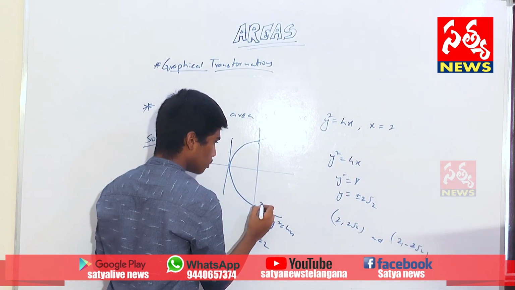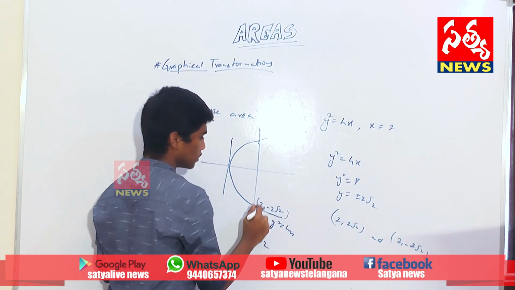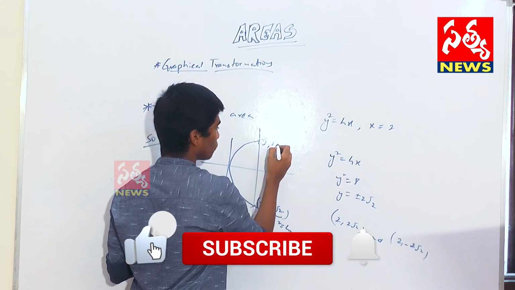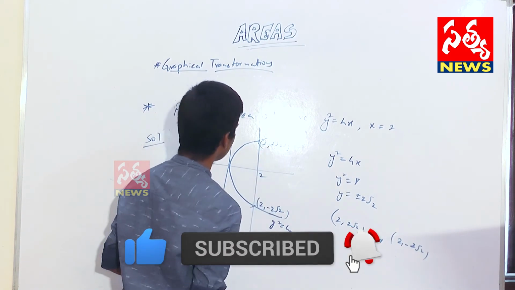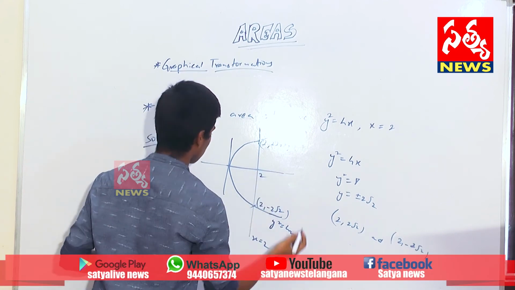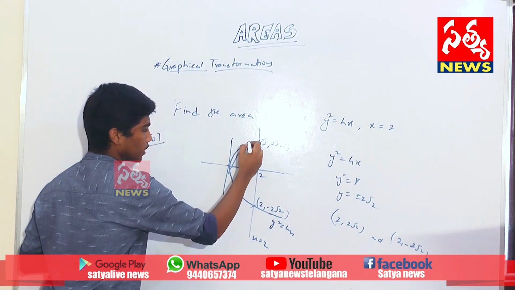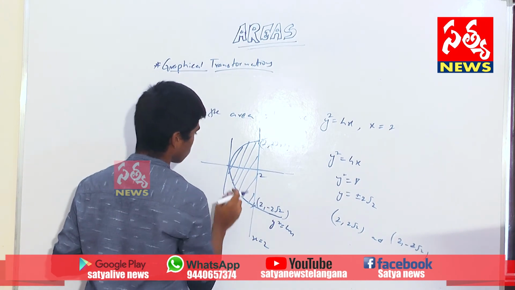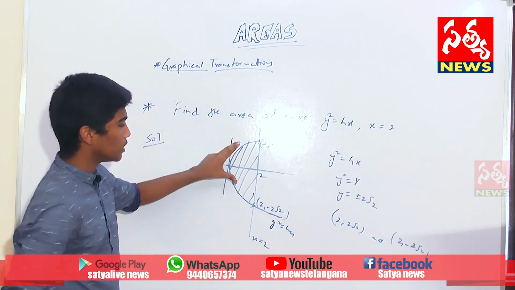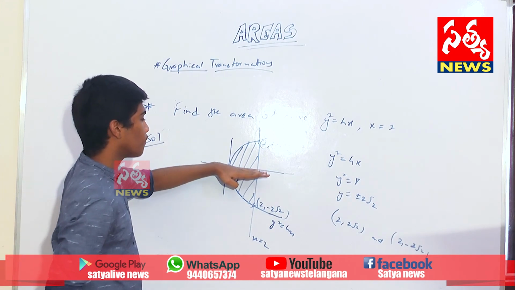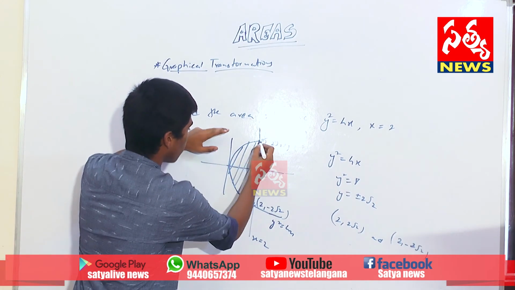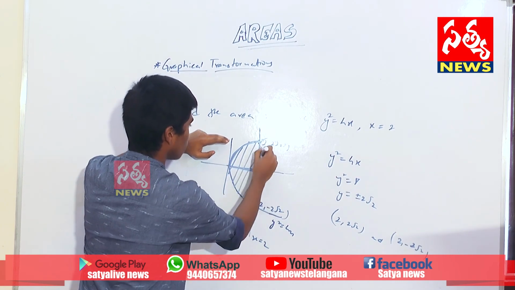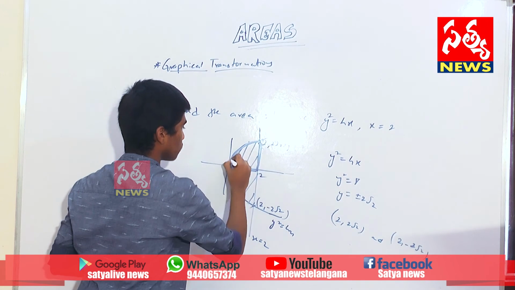This point is 2 comma minus 2 root 2 as it is in the 4th quadrant, and this is 2 comma 2 root 2. See here. We need to find this area. As these are symmetric, we can find only this part and double it.